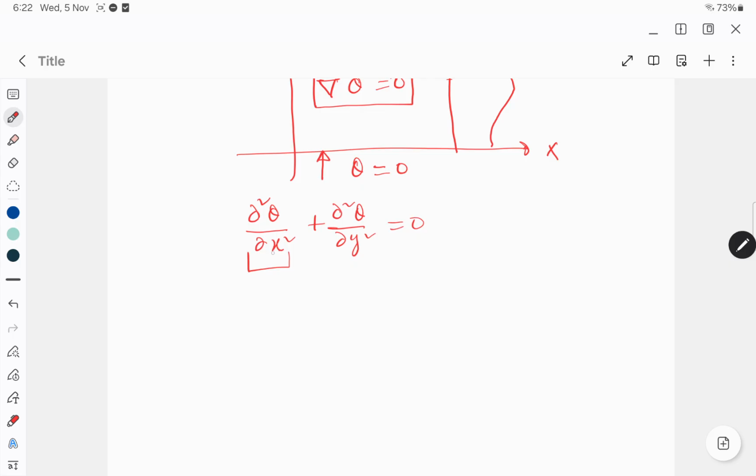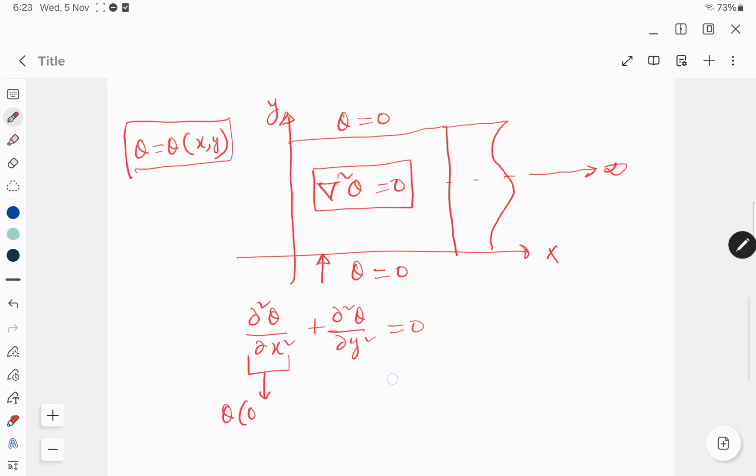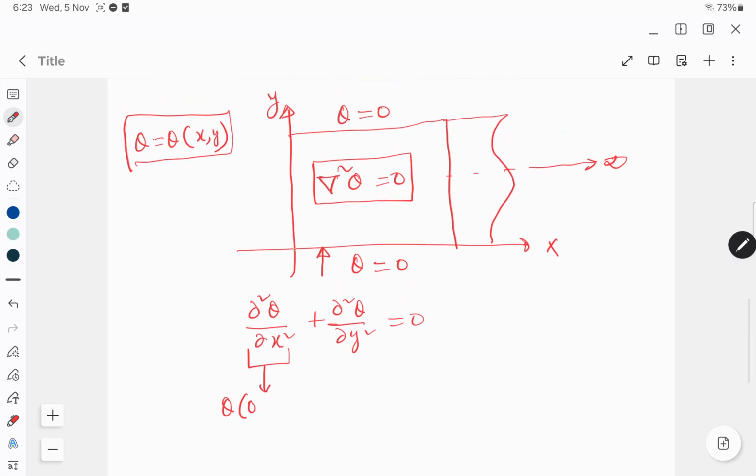Now x is an independent variable, theta is a dependent variable, but second order, so you need two boundary conditions to solve this. Now for the boundary conditions, theta(x, y), so theta at x equal to 0, means at this place, at any y, means at this surface I am talking about.